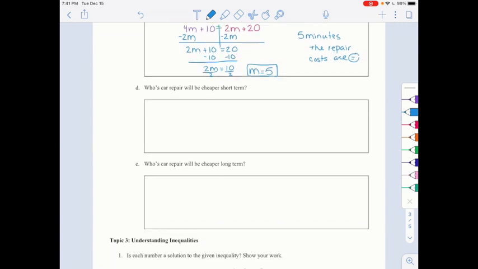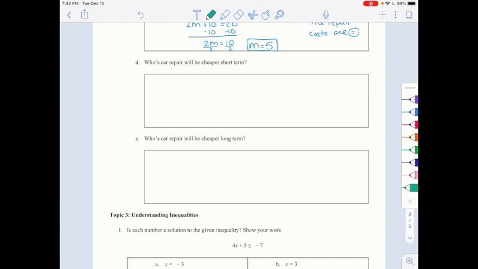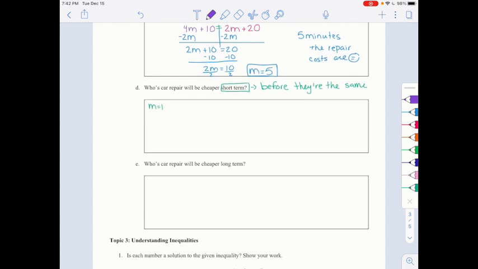Part D says whose repair will be cheaper short term. Short term refers to before they're the same. So pick any m value smaller than 5. I'm going to pick 1. So if we compare Sandra, she was 4 times 1 plus 10. It's going to be 4 plus 10.